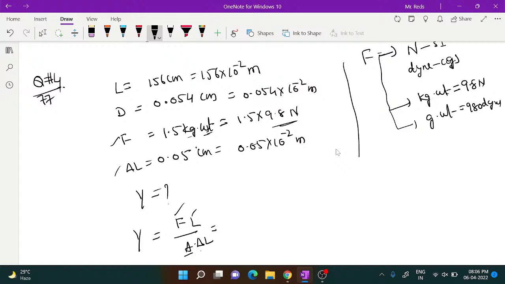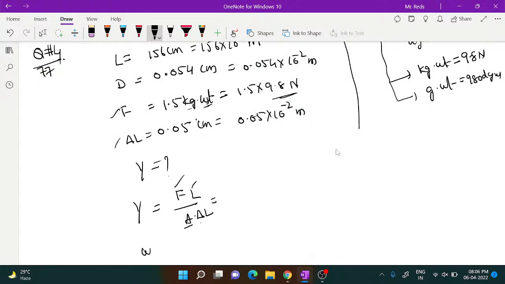Then how to find area? Because diameter is given. The area of a cylindrical wire is pi r square. This can also be expressed as pi into diameter by 2, which is the radius, whole square. Find out this area A. Delta L is given, so everything will be known. Substitute.